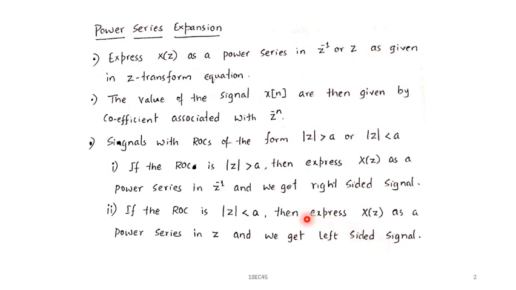So this is the power series expansion method, and usually the positive powers of z and negative powers of z are obtained using the long division method.